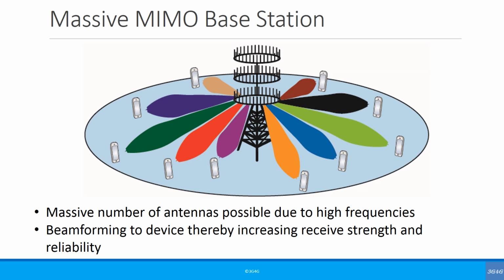Each of these colors you can see is a beam, and when you create a beam, that means you can focus all this energy into one particular UE. Each UE will get its own beam, and it can get high data rates and very reliable coverage. So there are a lot of different possibilities with 5G and millimeter wave.